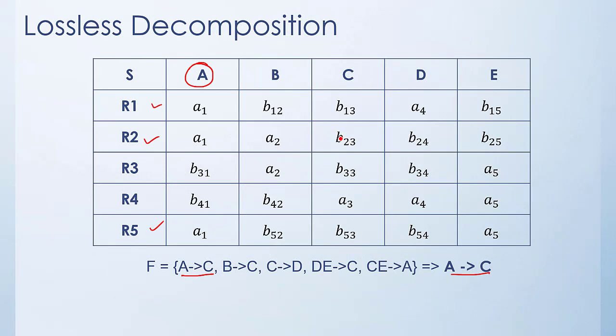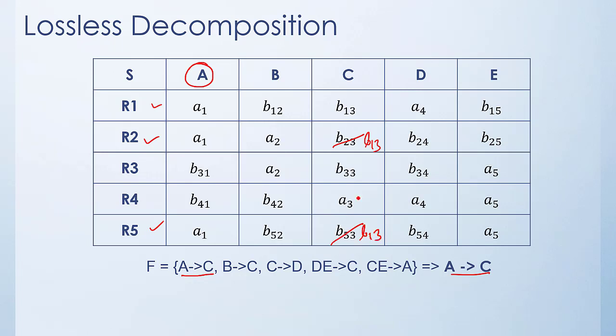So the symbols B23 and B53 may be replaced by B13, because we need to change them into the same symbol. You can put B13 in this case and B13 in this case.